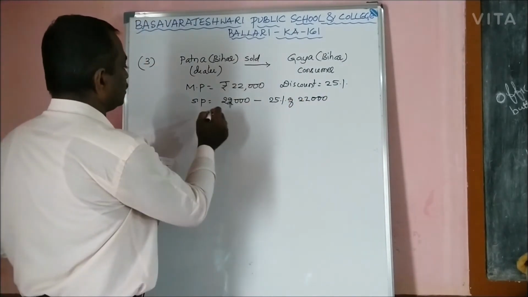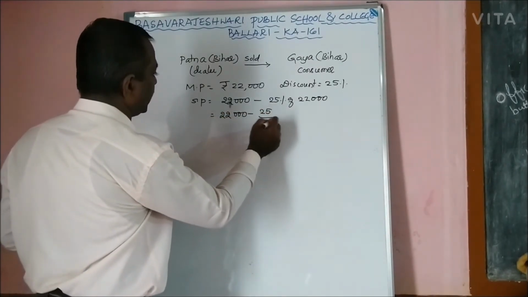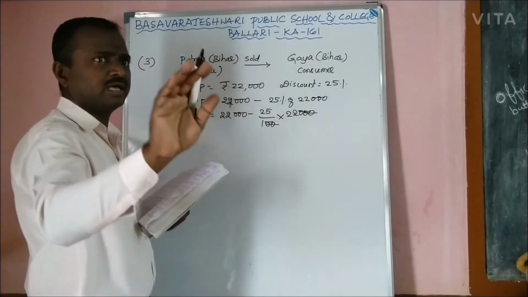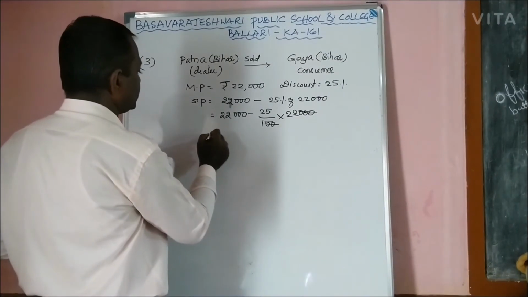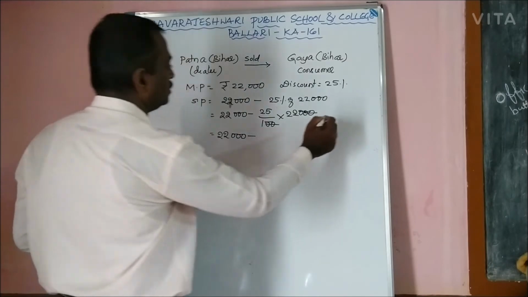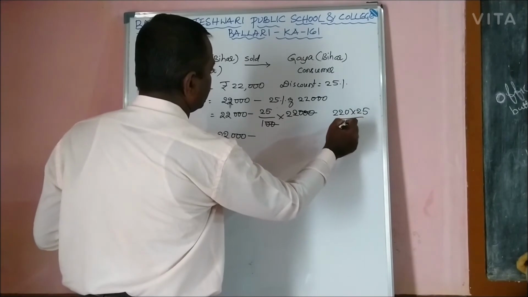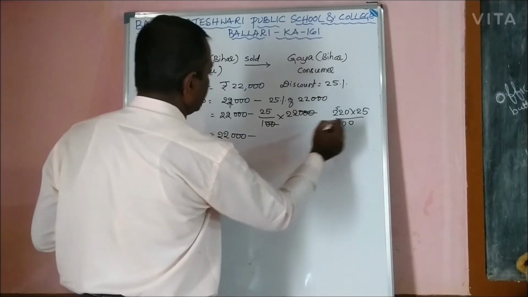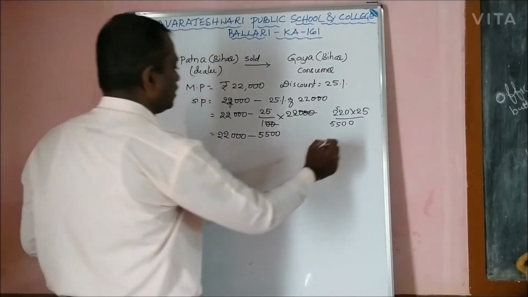So 22,000 minus 25 by 100 into 22,000. Two zeros will be cancelled. So this is 220 into 25, which is 5,500 rupees discount.